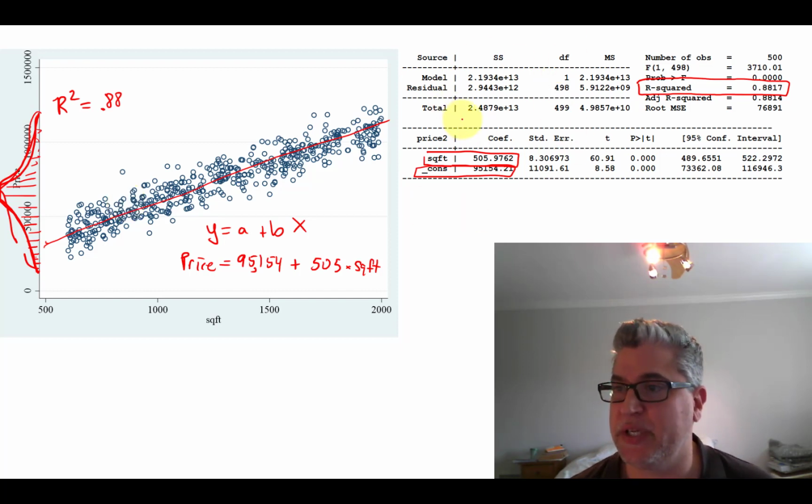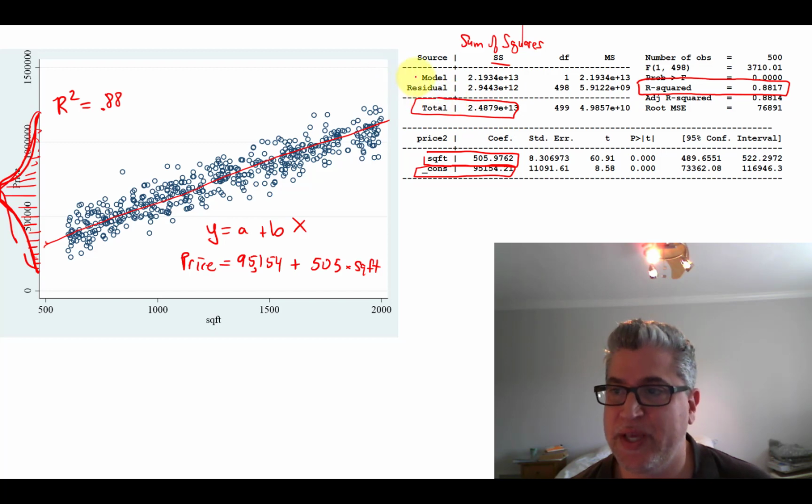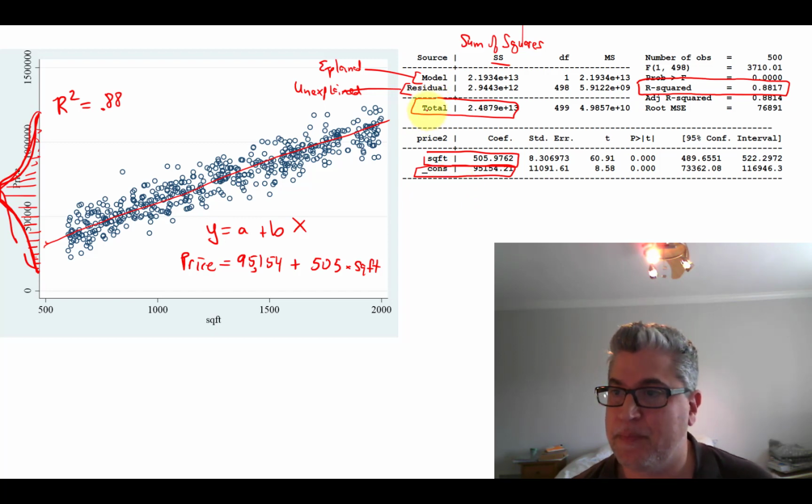The other things to notice in here are that it tells us sum of squares. That's what SS stands for. So we get the total sum of squares. We get what they're calling the model, that's the explained sum of squares. And the residual, the unexplained sum of squares. So you could take explained divided by total and get this.